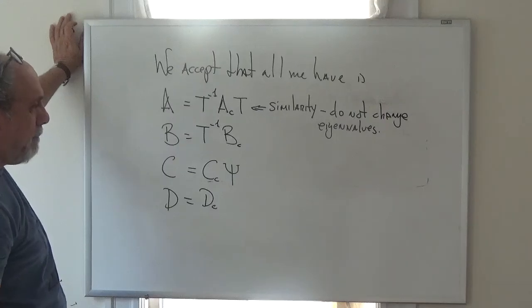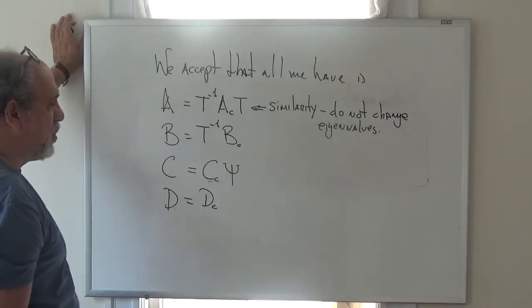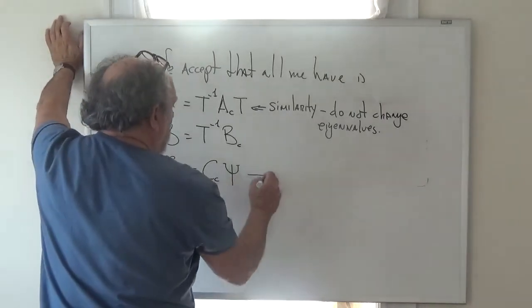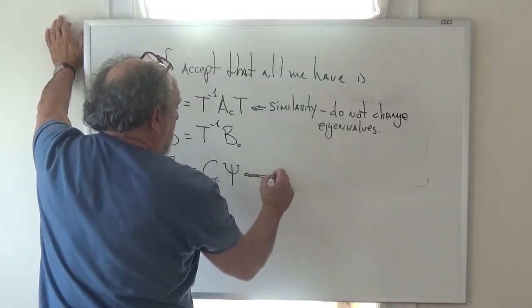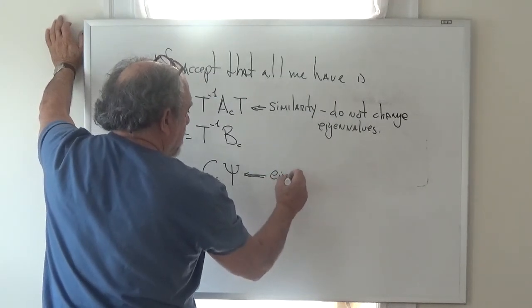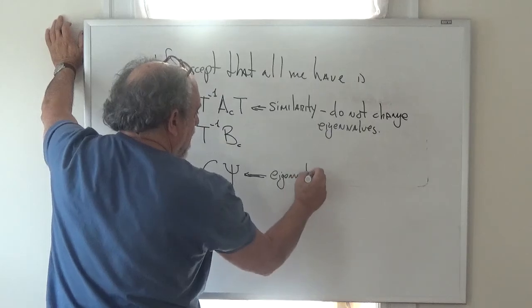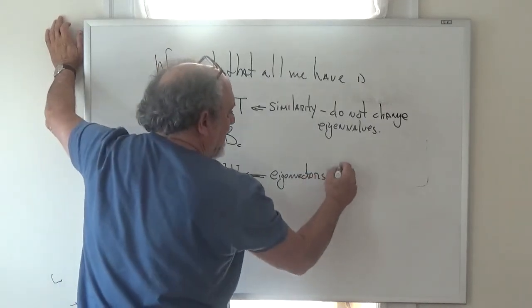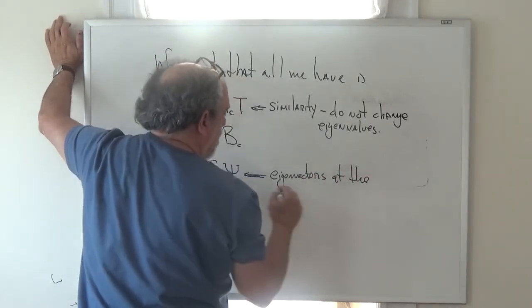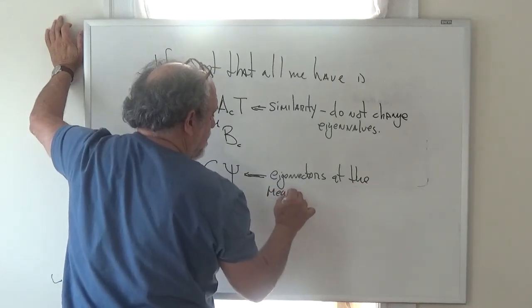Finally, it is possible to show that these are the eigenvectors at the measured coordinates.